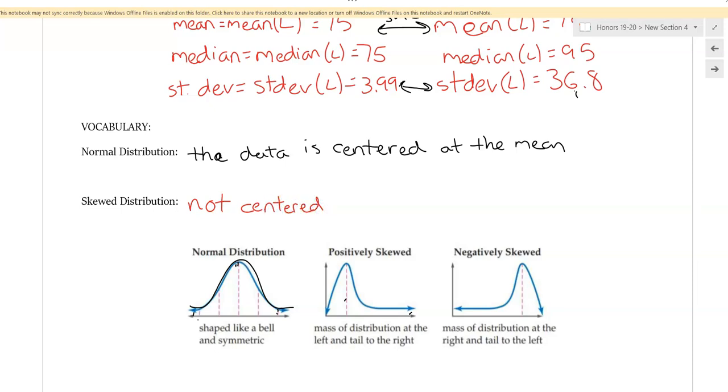This is important because most of the things we're going to talk about in this class, and the calculations we do, really only work if your data is approximately normal. Nothing's going to be a 100% perfect normal distribution unless you make up the data. But if you can say it's approximately normal, then you can do a lot more calculations with it. Okay? All right, so let's turn the page.